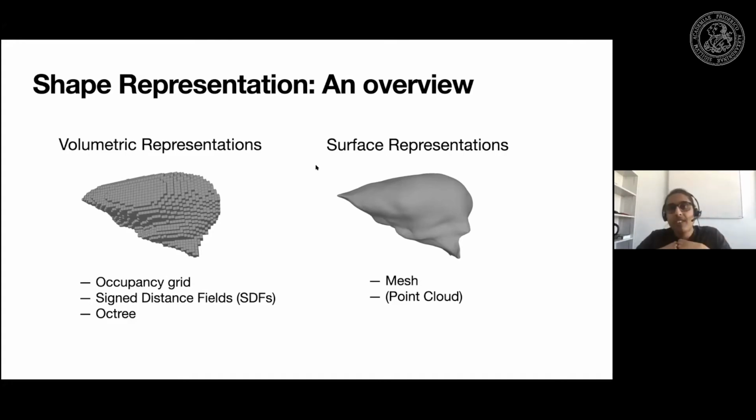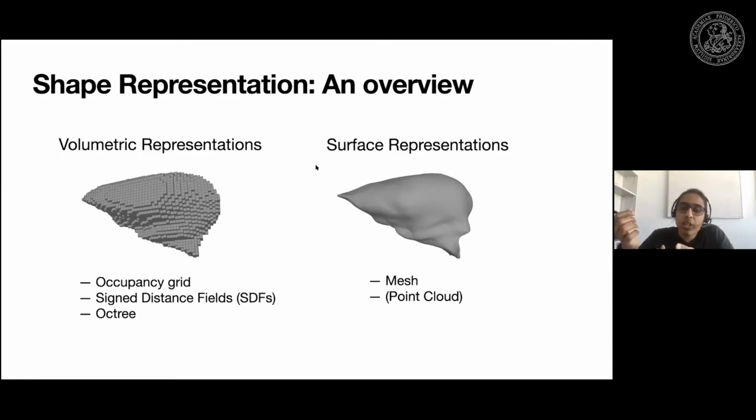Then we have the other part, the surface representation, which was my interest. In surface representation, instead of representing the volume, we are representing the surface of the object. The most common way of representing a surface is using meshes, which are a collection of vertices and faces.